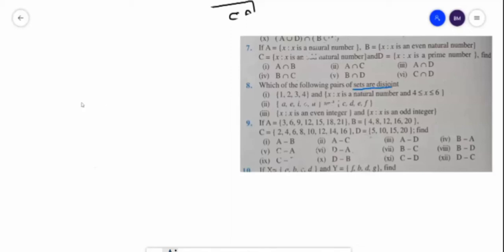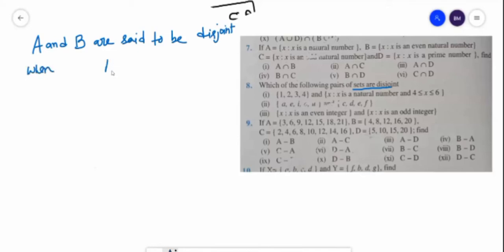Now remember one thing: two sets A and B are said to be disjoint when the condition is A intersection B is equal to phi. That means there is no element in A intersection B.